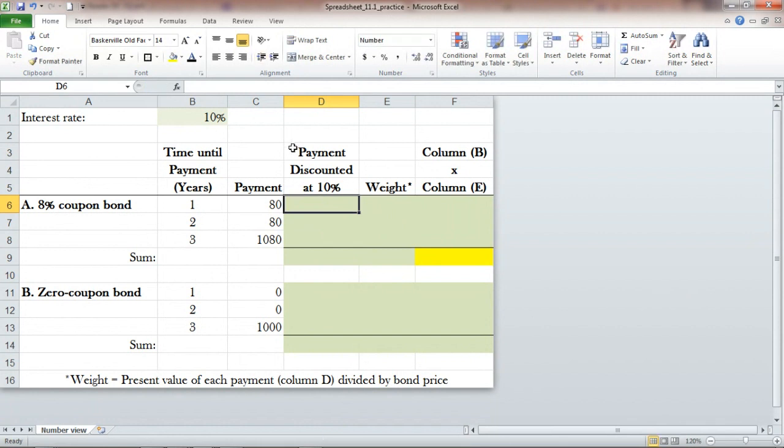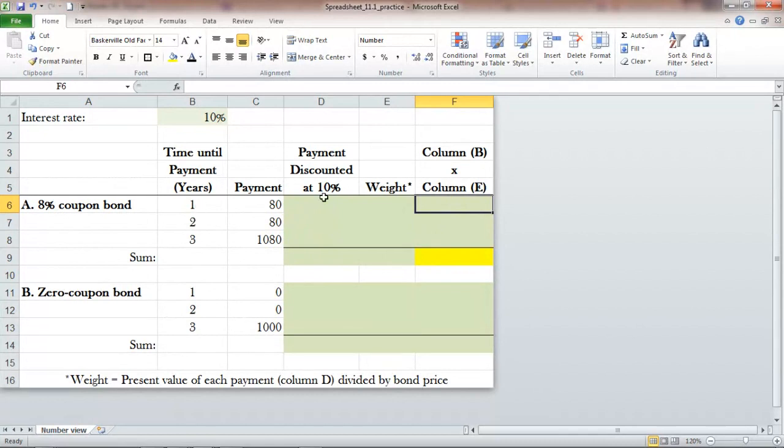So with this being the denominator, we can find the weight of each of the payments, and then we multiply the weight by the time period, the time until the coupon payment, right? We find these weighted time periods.